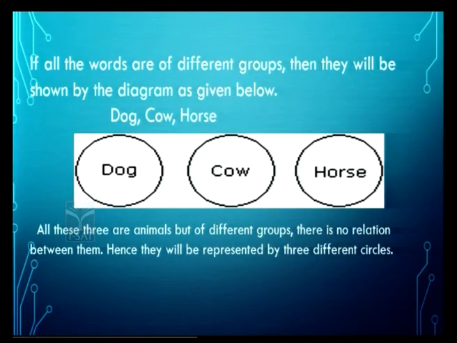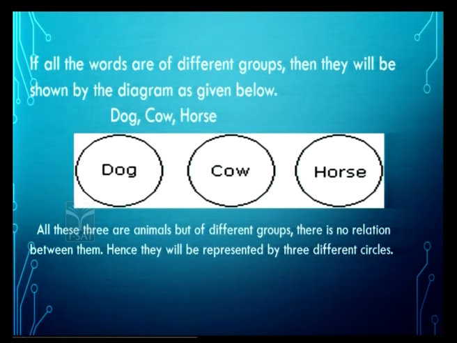Here the question is, if all the words are different groups, then they will be shown by the diagram as shown below. Here dog, cow, horse, these three are given. These three are animals, as you know. All are different, all of different groups.